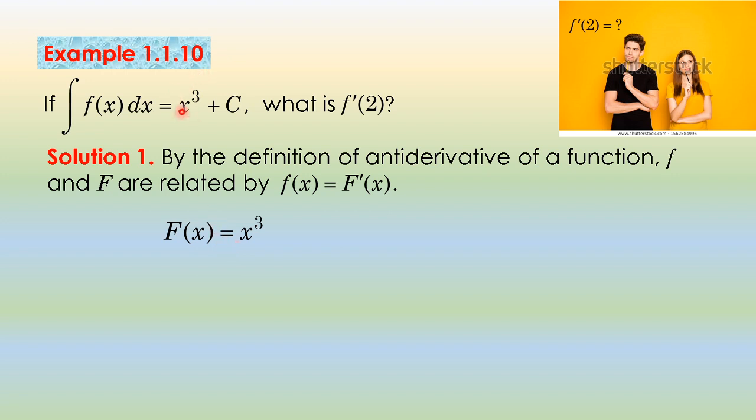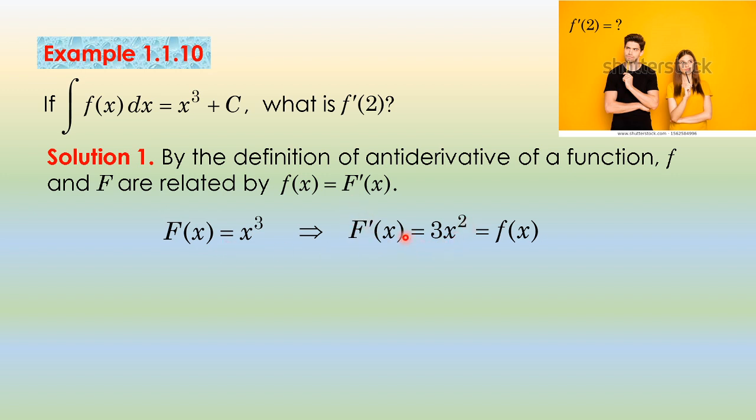So this is equal to x cubed, which is our big F of x. Since the two are related, f of x is related to big F prime of x, let's get the derivative of this. Getting 3x squared.